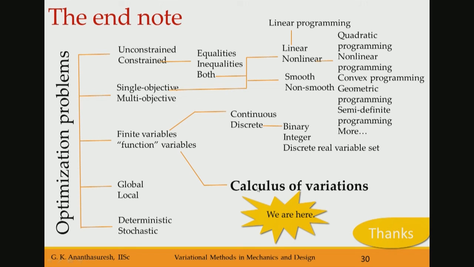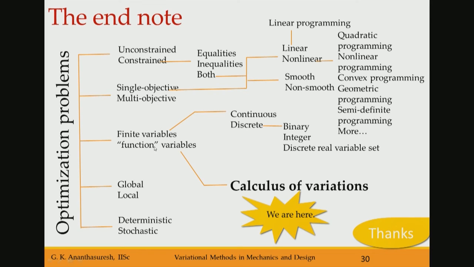Now, let us see where it lies in the panorama of optimization problems. We have unconstrained and constrained problems with equalities and inequalities or both, and there is linear programming, nonlinear programming, quadratic programming, convex programming, geometric programming, dynamic programming. It can be non-smooth or smooth, that is differentiable, or not differentiable, meaning they do not have a unique gradient or derivative, and there can be single objective or multiple objectives.